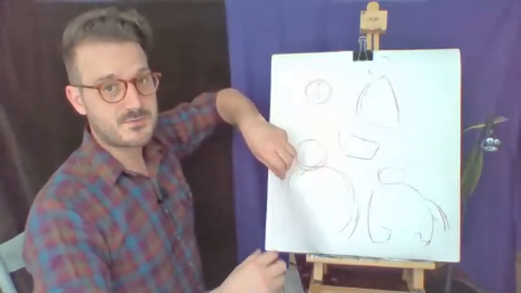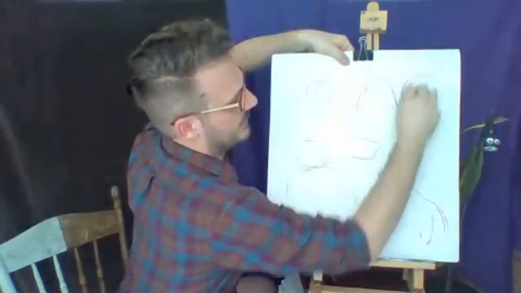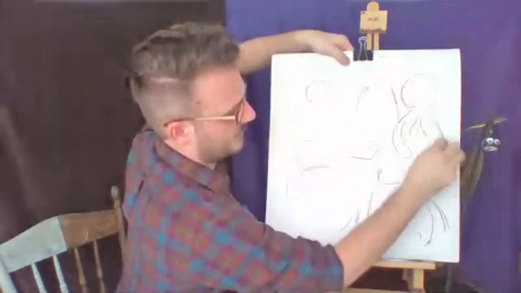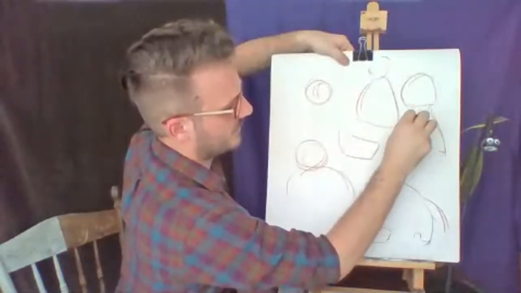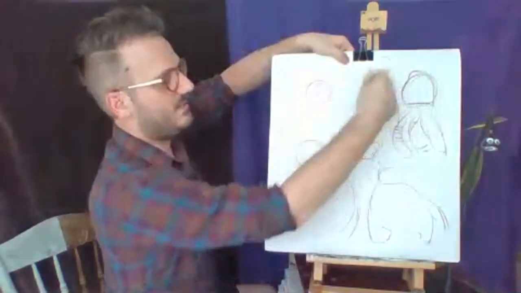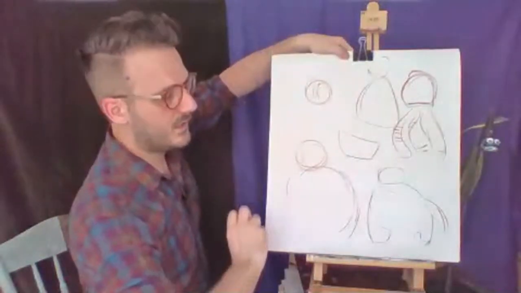For some of the robots, for example, I'm just drawing some quick shapes. So I've got a half circle and then some long dangly things.